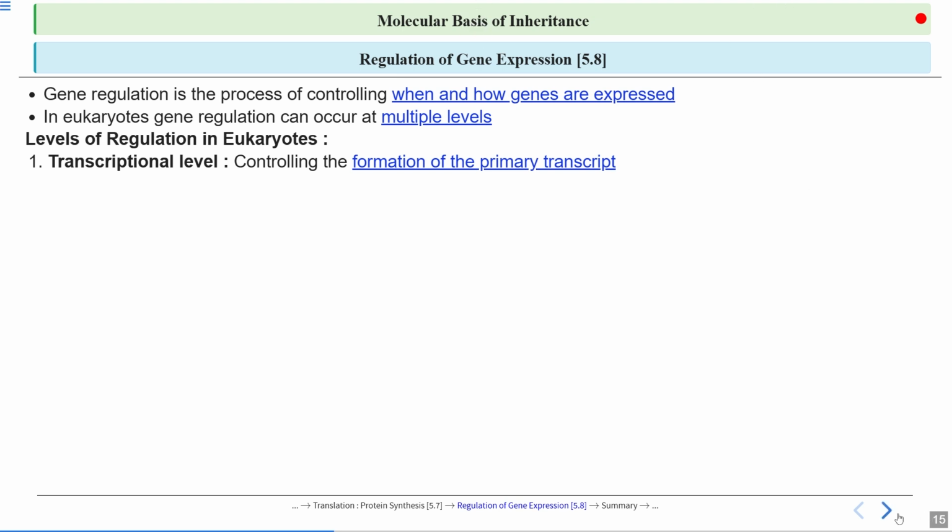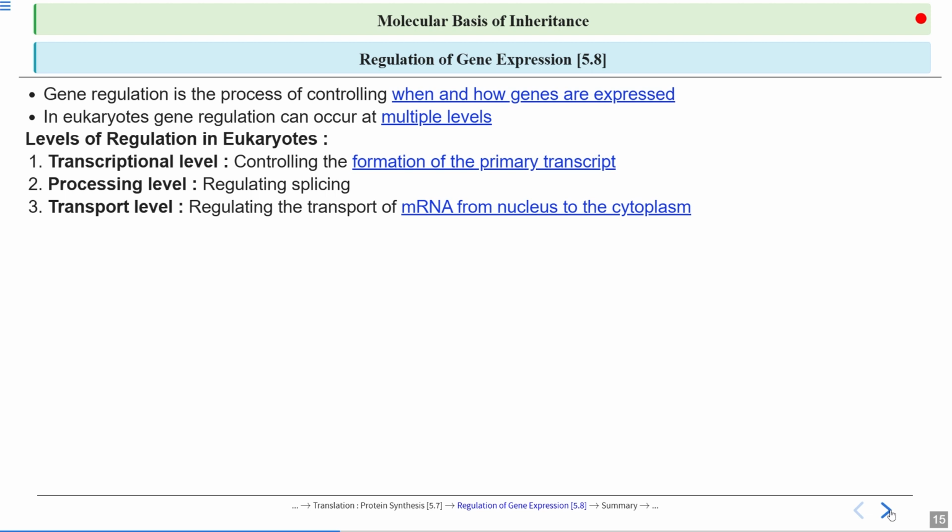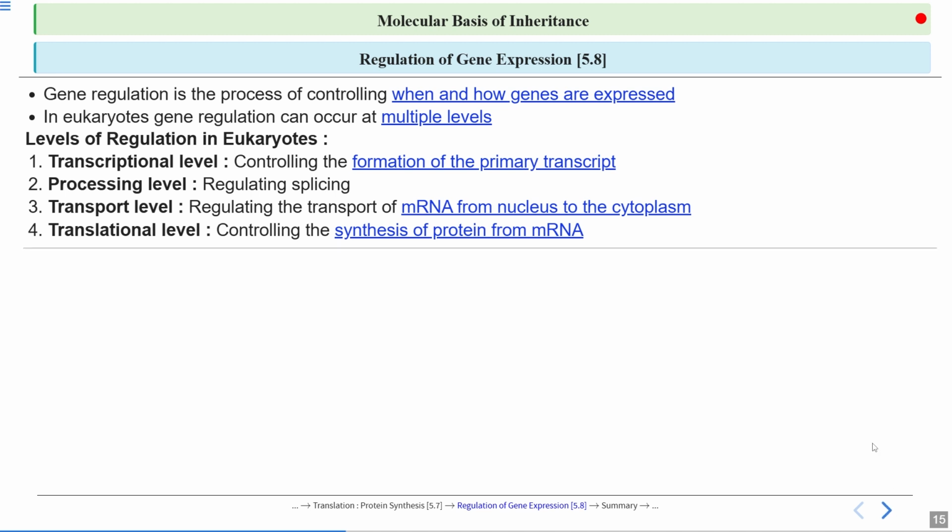First is the transcriptional level, controlling the formation of the primary transcript. Then the processing level, regulating processes like splicing. Then the transport level, regulating the transport of mRNA from the nucleus to the cytoplasm. And the translational level, controlling the synthesis of protein from mRNA.